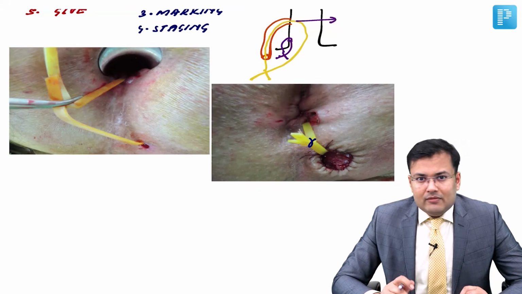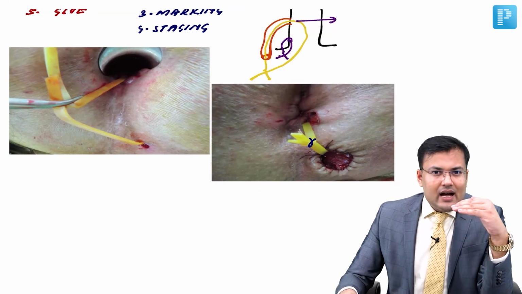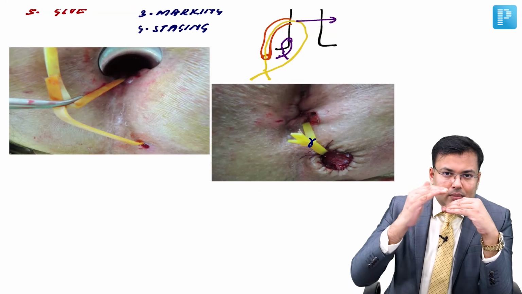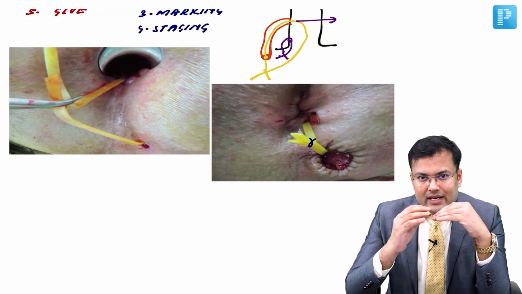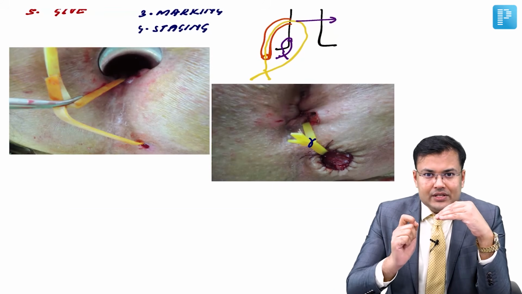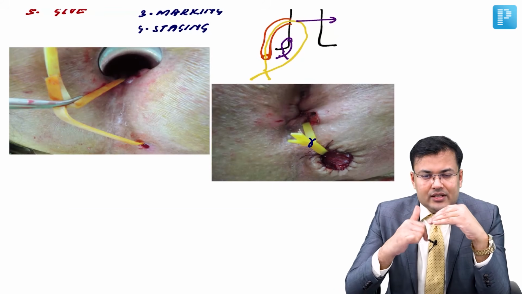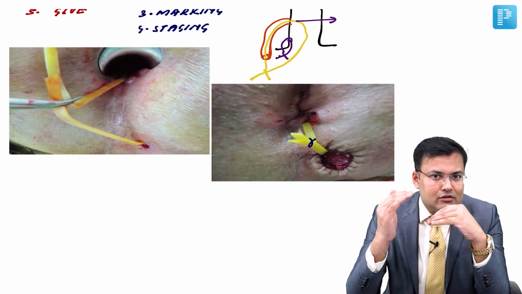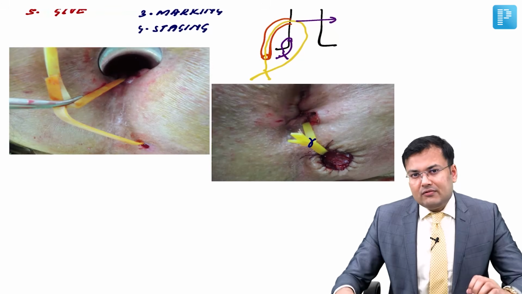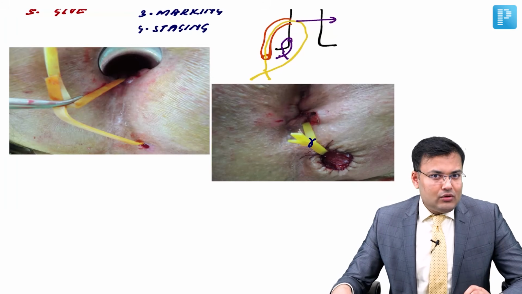What's the main problem with high-lying fistula? Since high-lying fistula is located above the anorectal ring, and the anorectal ring has an important role in defecation, if any structure is injured here, it leads to incontinence. So that's why for high-lying fistula, we go for cutting Seton. It converts high-lying fistula into low-lying fistula.